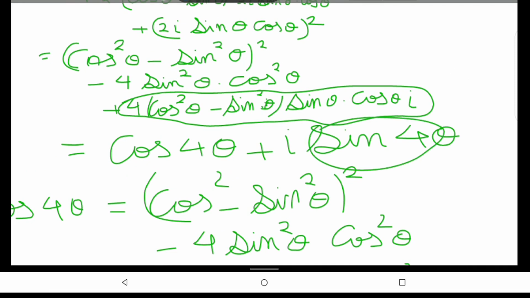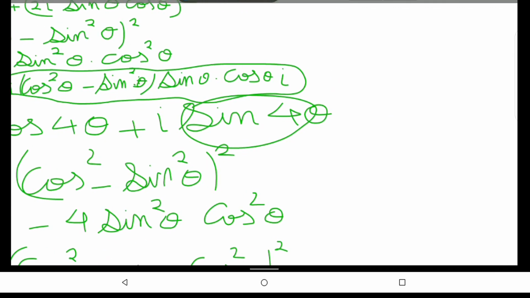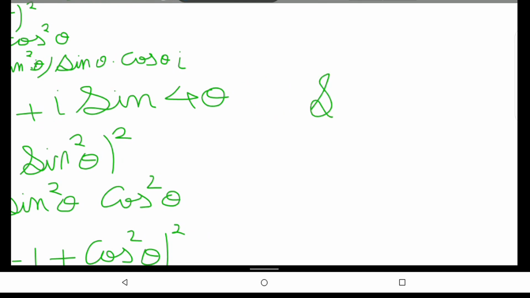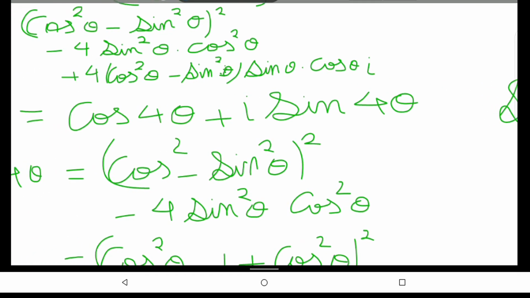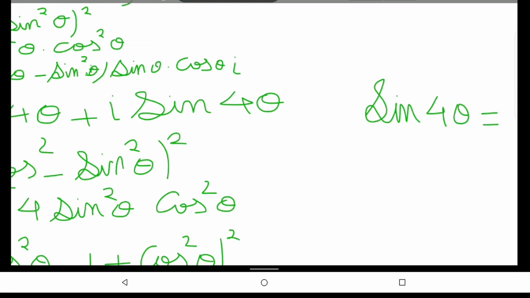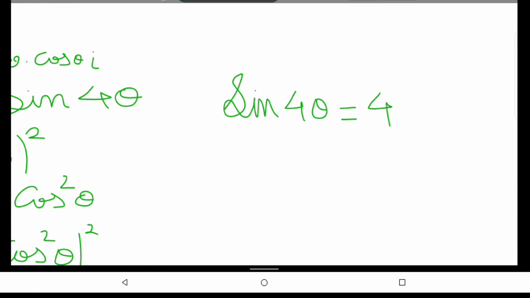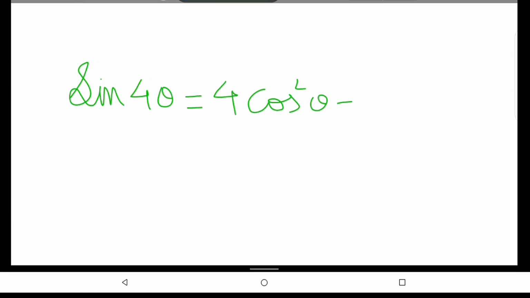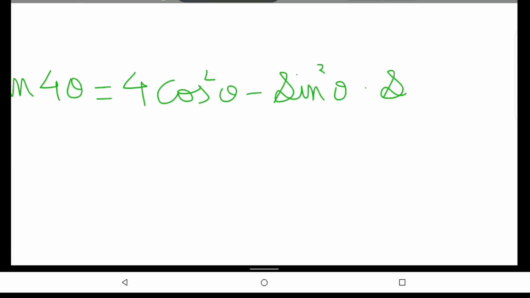So sine 4 theta equal to 4 times cos square theta minus sine square theta into sine theta cos theta.